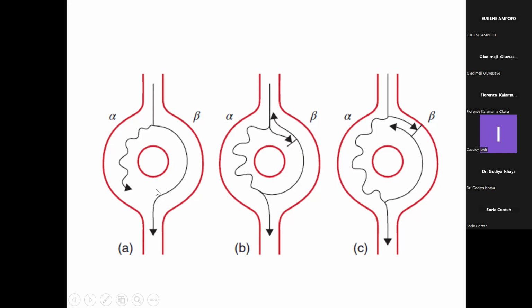So that means conduction will not happen. It will be blocked. That is how it happens every time: if the impulse is passing through the slow pathway, it will get blocked because the His bundle is still in its refractory period.